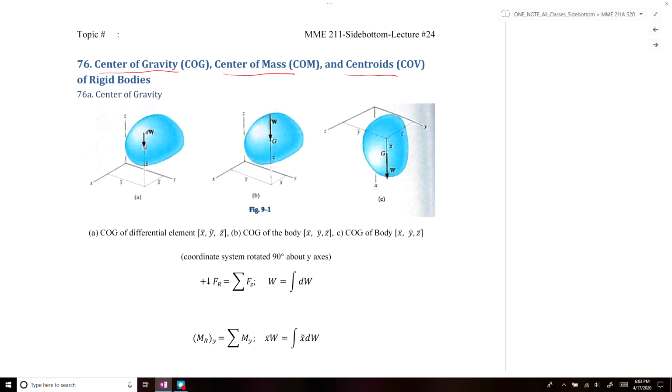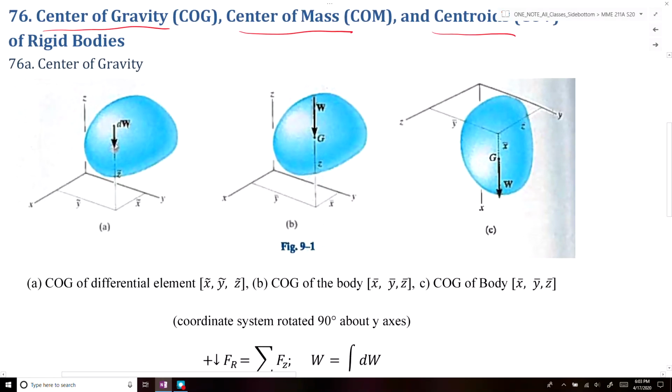So if we have a rigid body, like we have drawn in figure 9.1a here, this rigid body is of some arbitrary shape. Well, we can break this shape down into individual elements that are very small, and they have a very small weight, which we'll call dW.